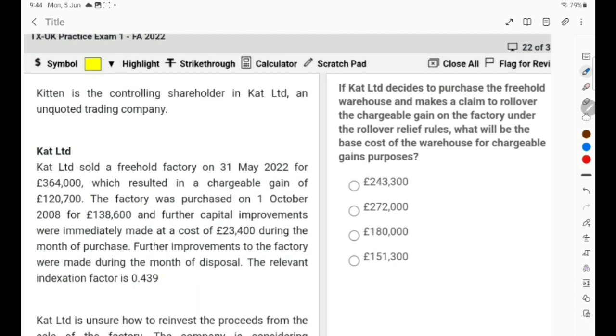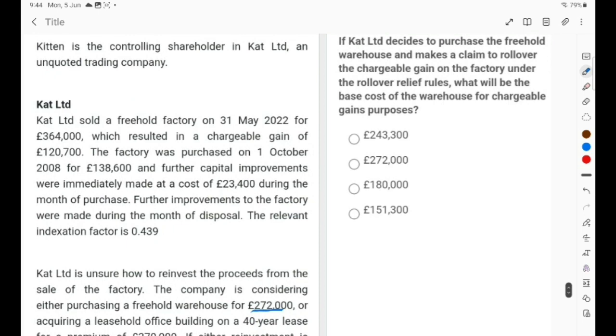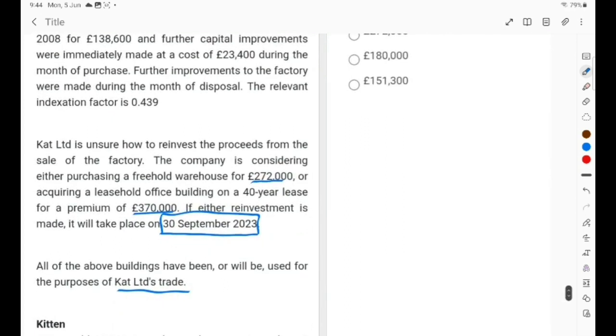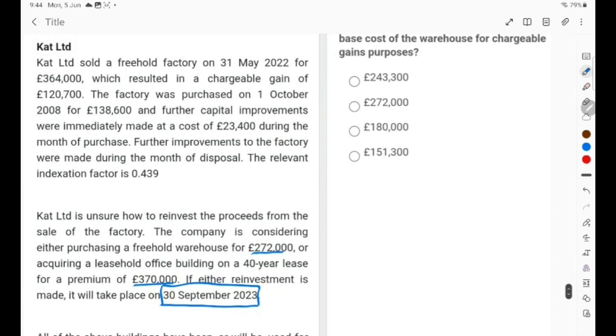Remember the rule, if the amount is not reinvested, the gain is immediately chargeable. That part of the gain is chargeable that is not reinvested. So here they are purchasing for 2,72,000, and first we have to consider the amount that has not been reinvested. The sale proceeds are 3,64,000 and the new asset has been purchased for 2,72,000.